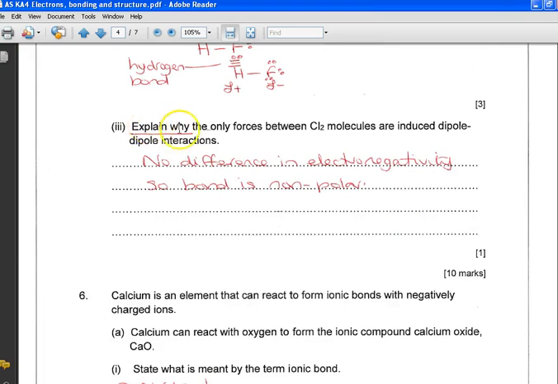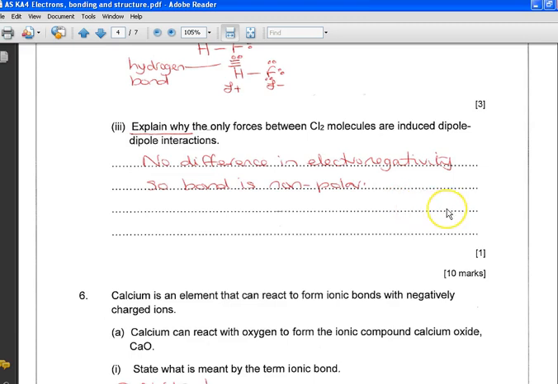And then explain why the only forces between chlorine molecules are induced dipole-dipole interactions. Again, this question is all about electronegativity. So the questions kind of follow on from each other.